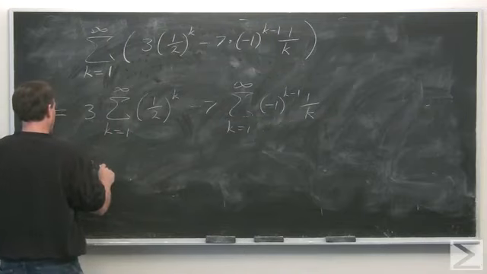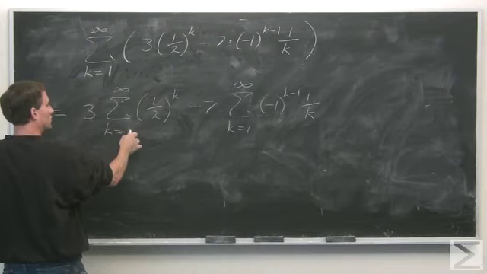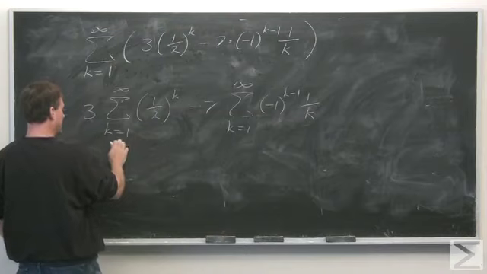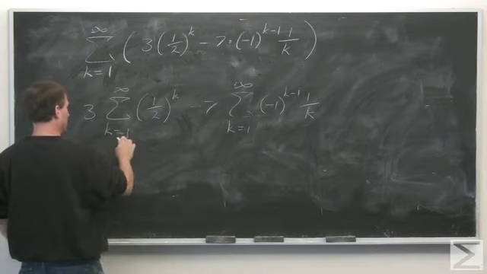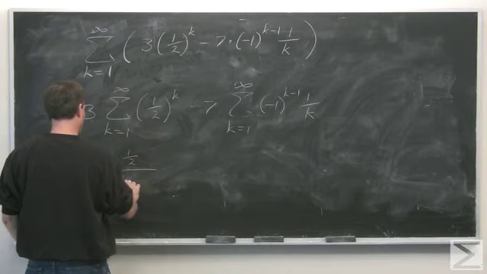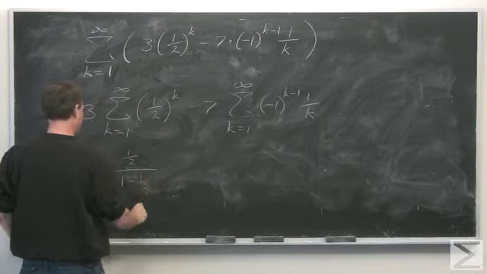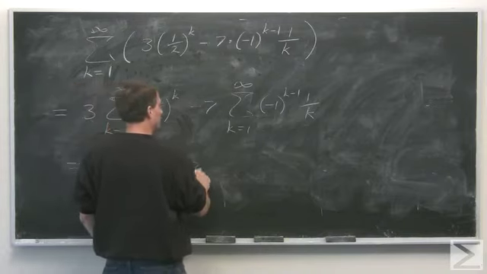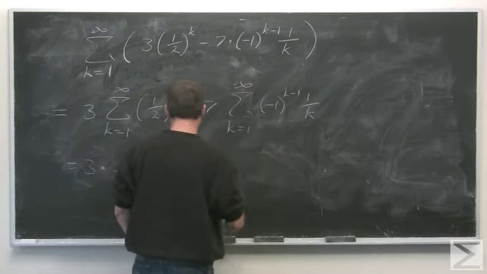This is 3 times a geometric series, where r is 1/2, and a is the initial term, which will be what you get when k is 1. It's also 1/2. So you get 1/2 over 1 minus 1/2, minus 7 times, and then we know that this is the alternating harmonic series.